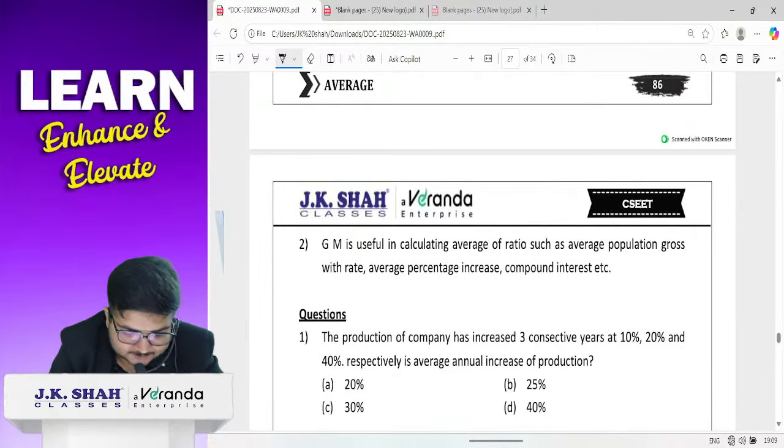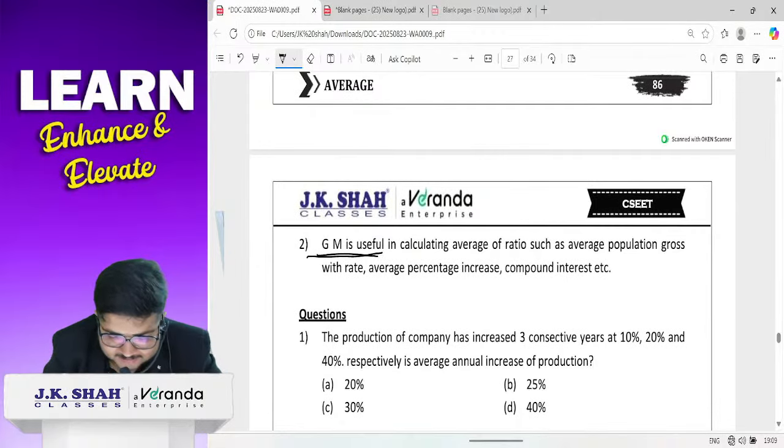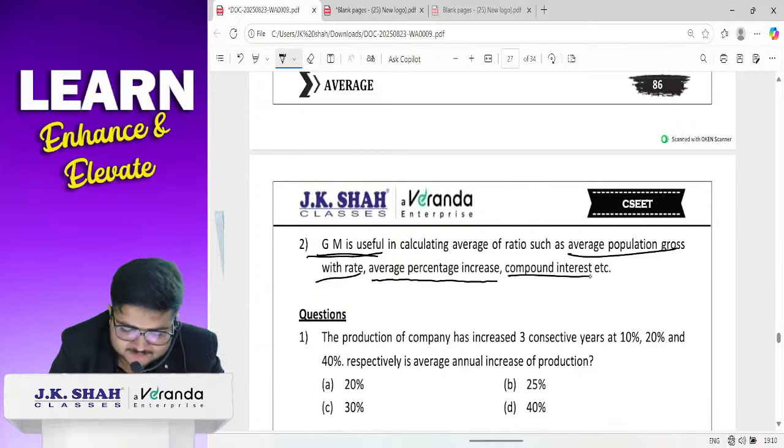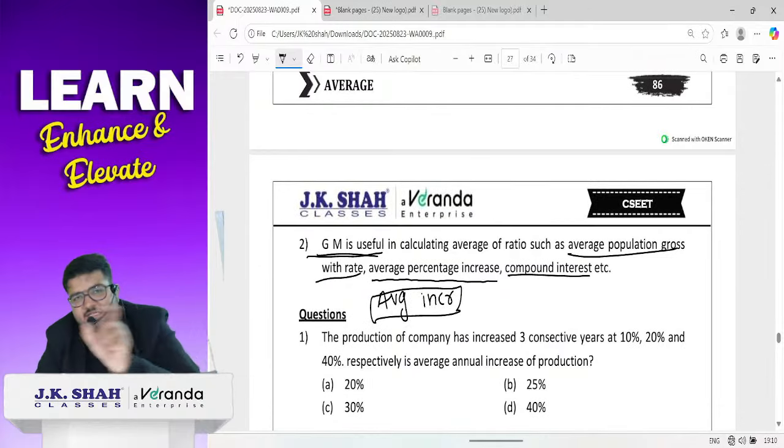Geometric mean is useful for calculating ratios such as average population growth rate, average percentage increase, average compounded interest, average increase. This is very important. If the word average increase comes together in a question and you have to find average, at that time you have to use geometric mean only. Some understood? These are the keywords.